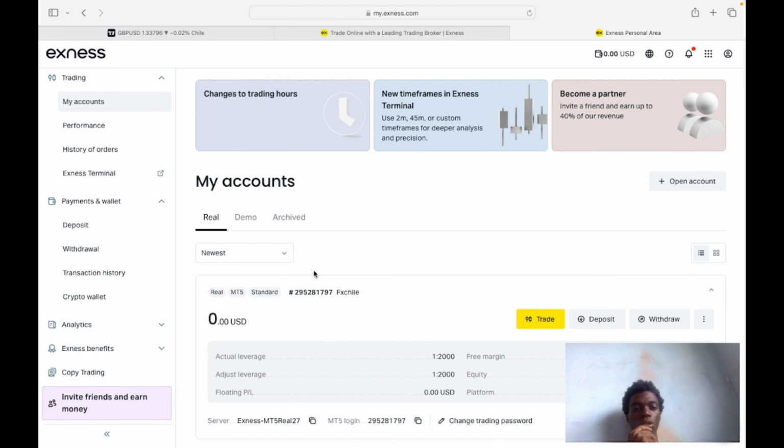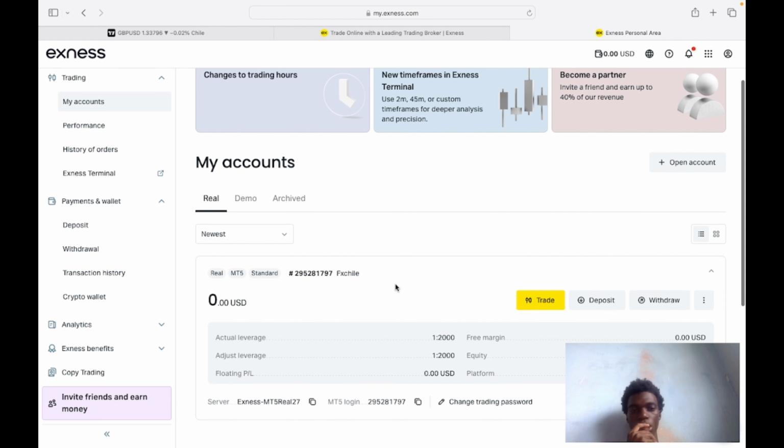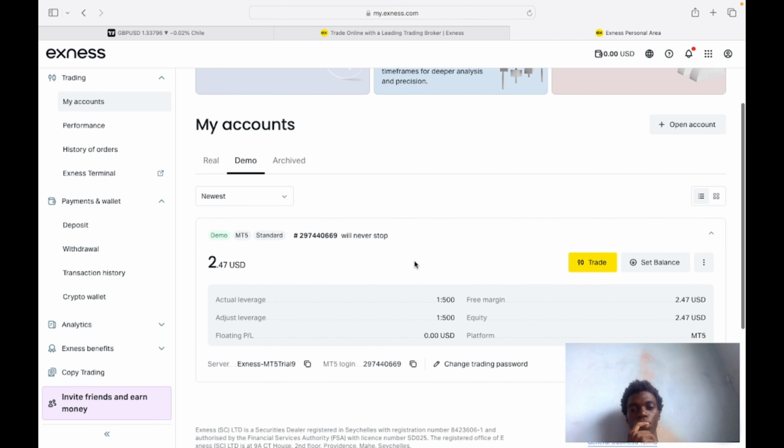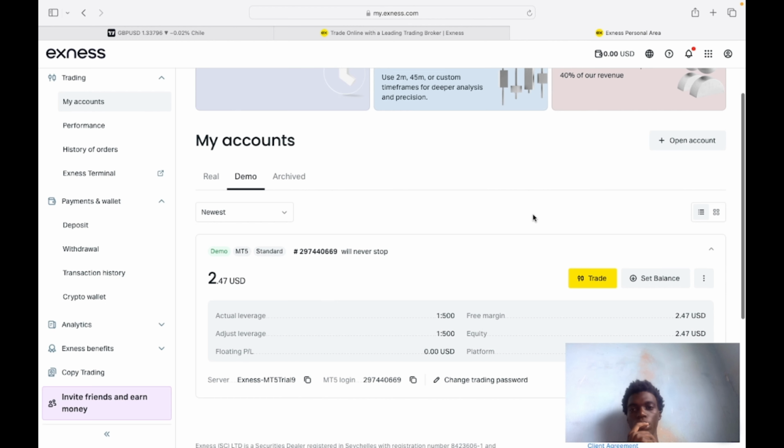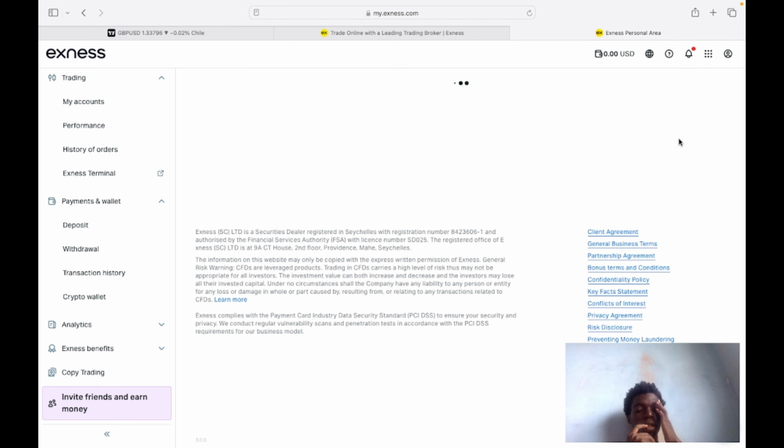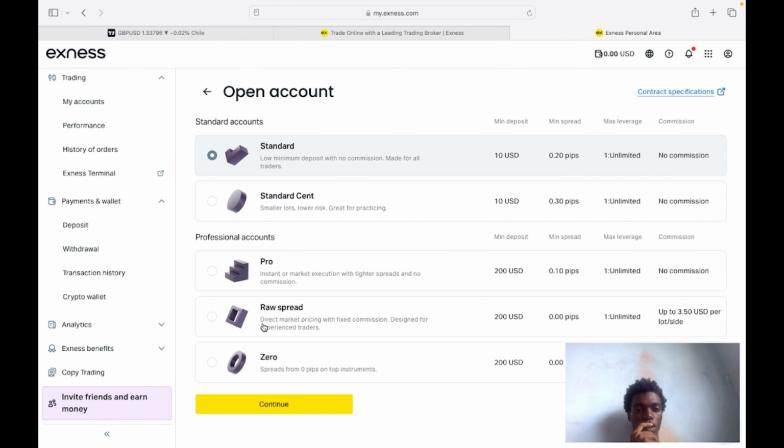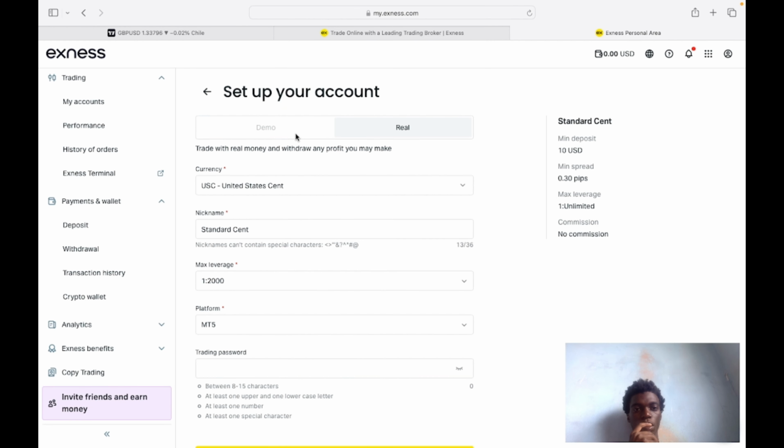We apologize for the inconvenience and thank you for your patience. Okay, so let's create a demo account. How do you open an account? This creates a demo account. I'll go for standard. Continue. So we put demo right here. Why is demo blank? I can't get access to a demo account.